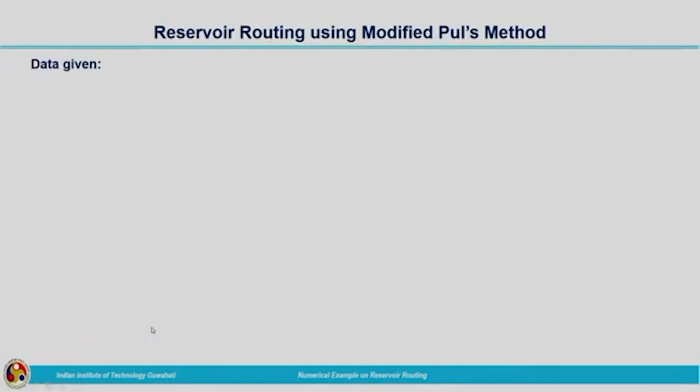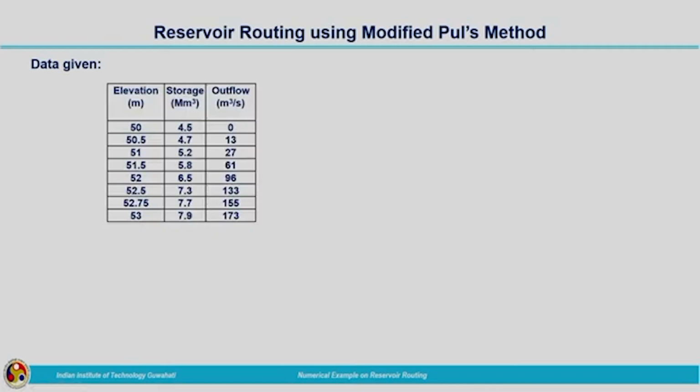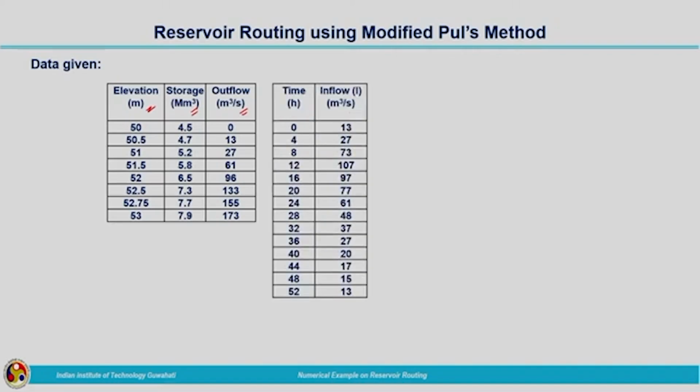The given data, the same data tabulated in the first slide, is repeated here. Elevation in meter, storage in million meter cube, outflow in meter cube per second. Then we are given the inflow hydrograph, time in hours, inflow I in meter cube per second.